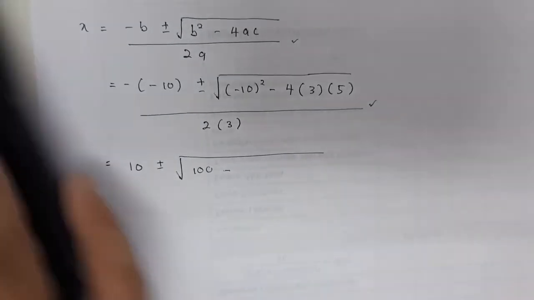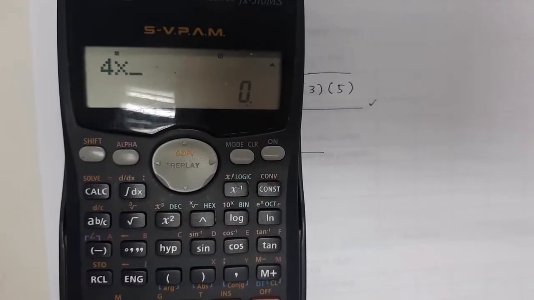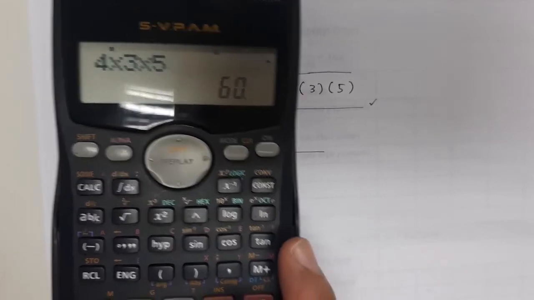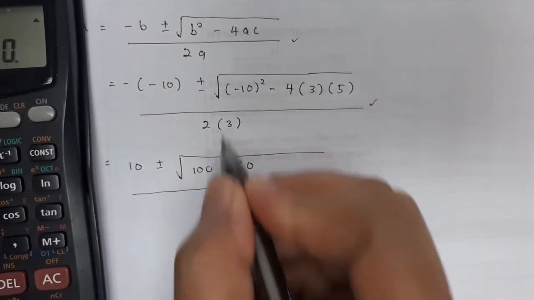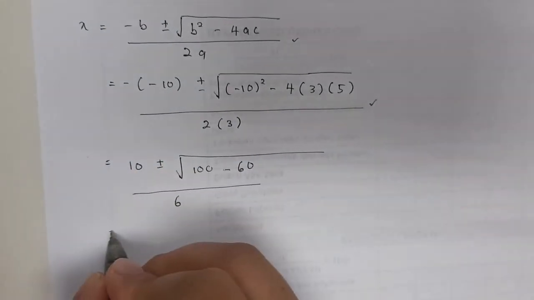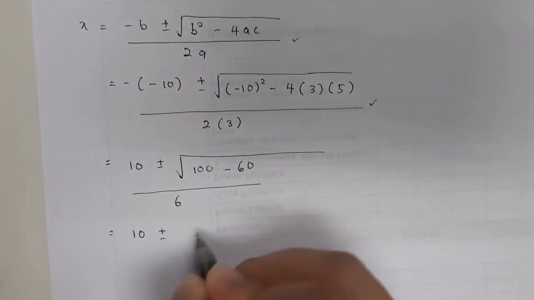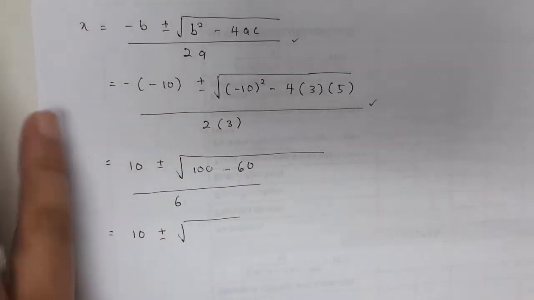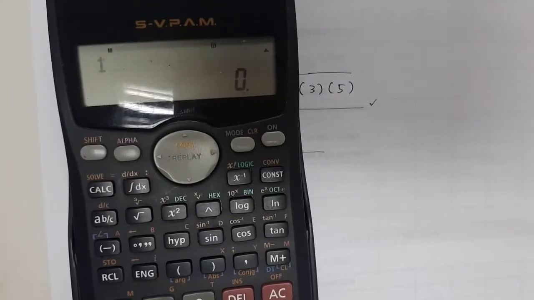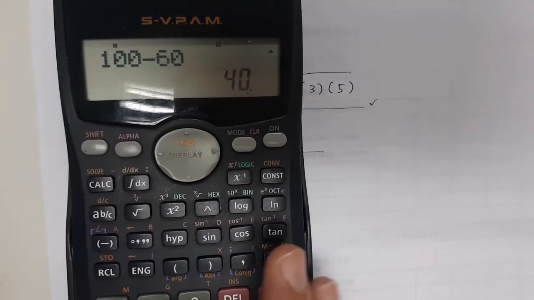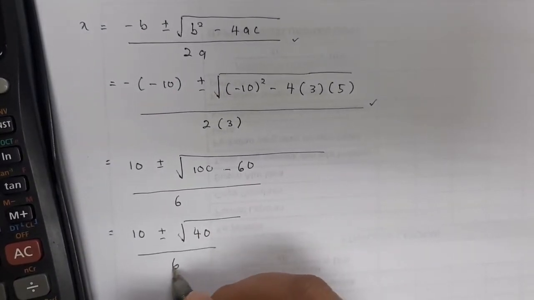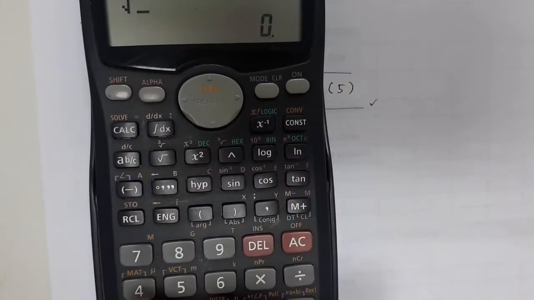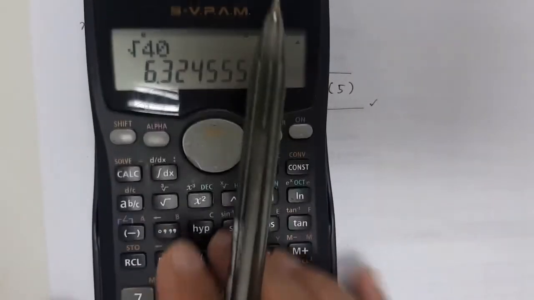Okay, minus 4 multiplied by 3 multiplied by 5 equal 60 over 2 multiplied by 3, 6. Okay, 100 minus 60 equal 40 over 6. Okay, square root 40 will give us answer in decimal places.